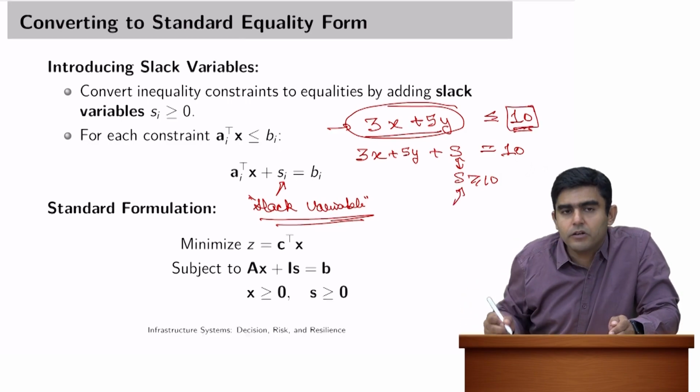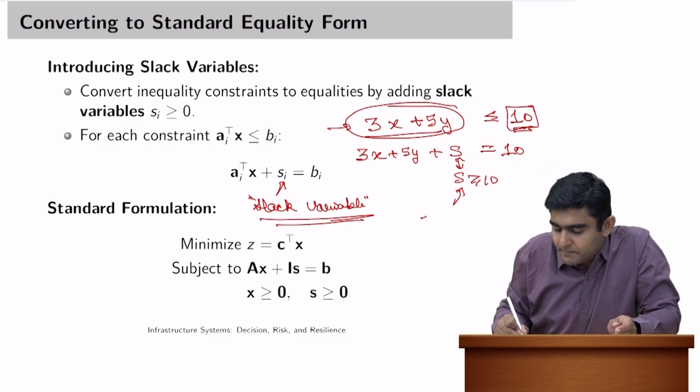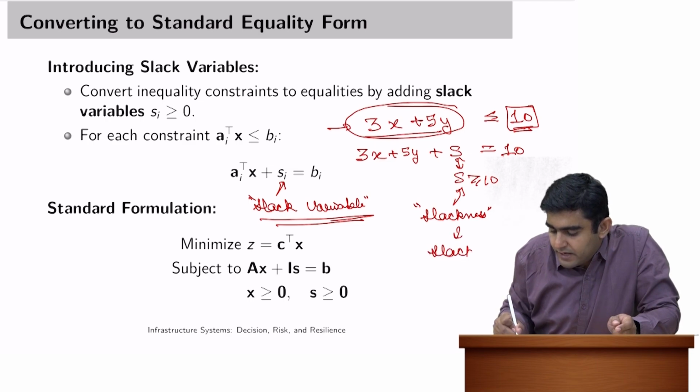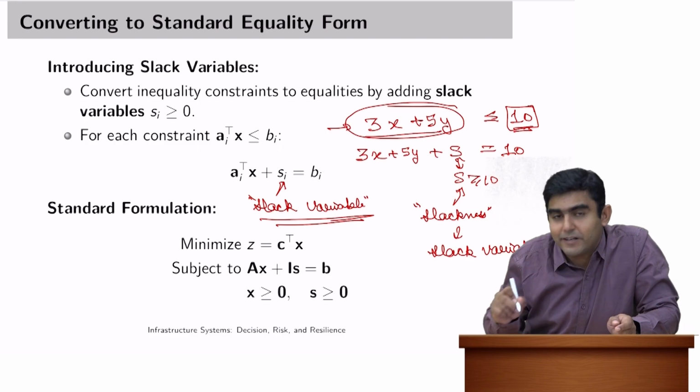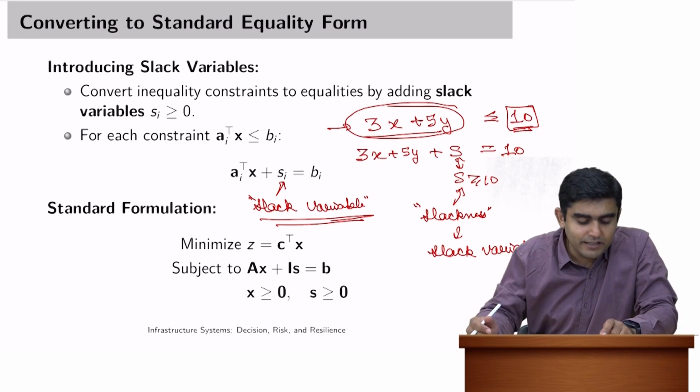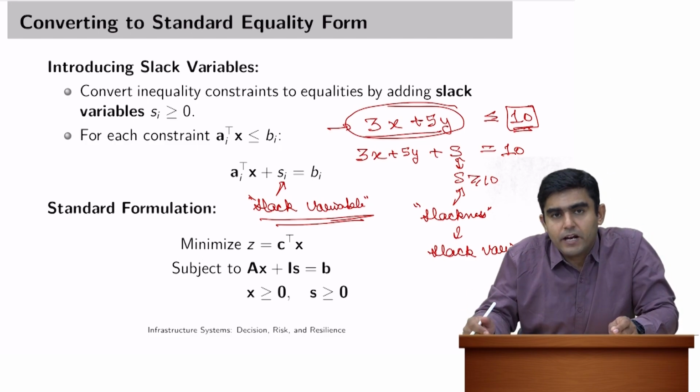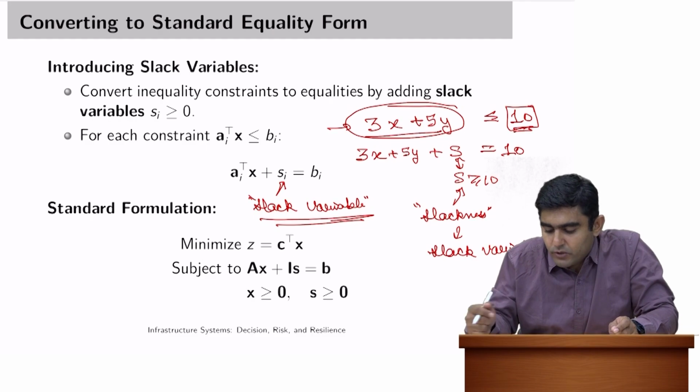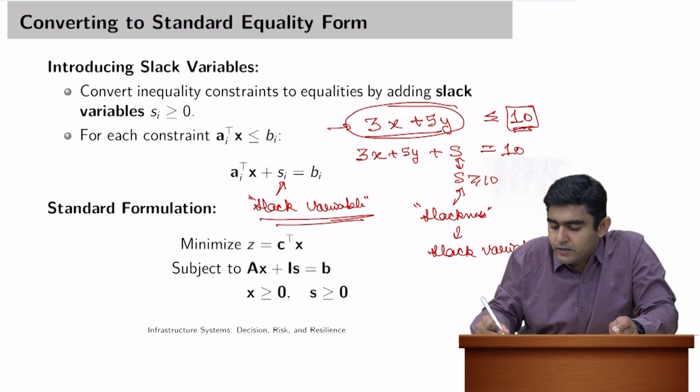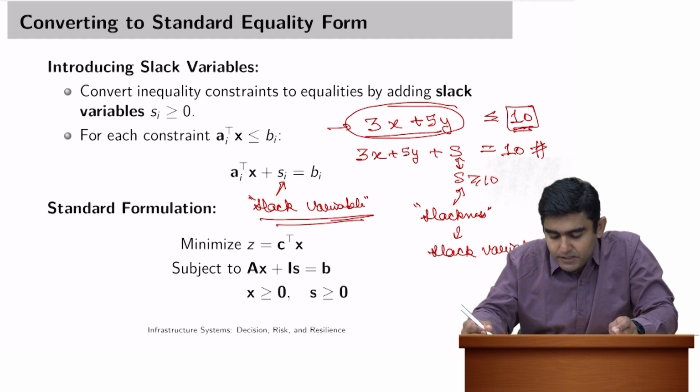So the extra slackness I have added to this constraint is called a slack variable. And if you notice, the slack variable also has to be greater than or equal to 0 if we really have to meet this requirement of making both sides equal.